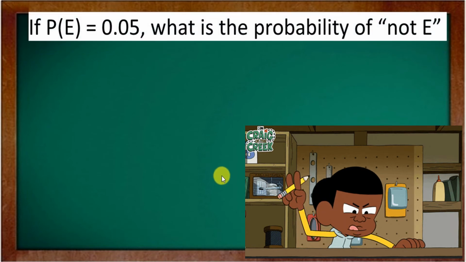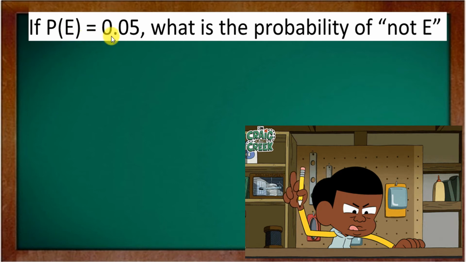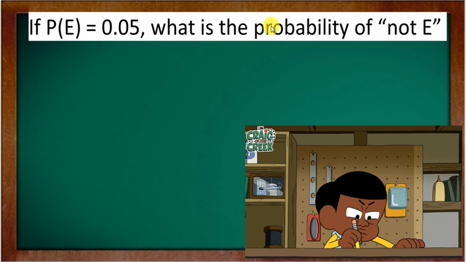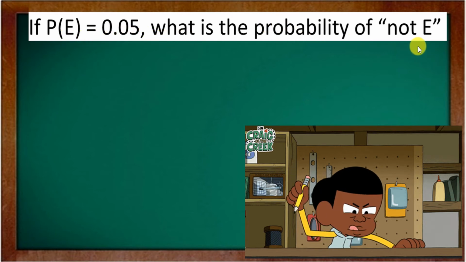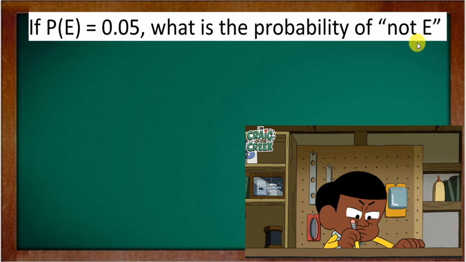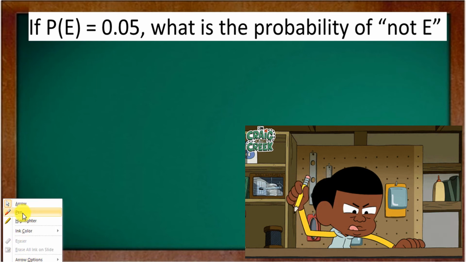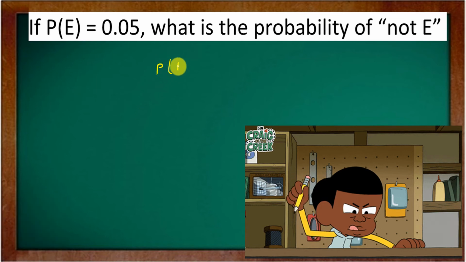So if the probability of an event E is 0.05, what is the probability of not E, or what is the probability of the event not occurring? Basically, we just saw that the probability of the event plus the probability of not occurring that event will always be equal to 1. So the probability of the event, 0.05, plus the probability of the event not occurring, which is what he is asking.